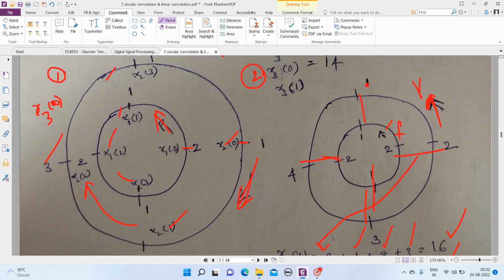This is the x3 of 1 calculation, where I am going to delay by 1 element. Here I am not delaying anything, so that's why this is x3 of 0.